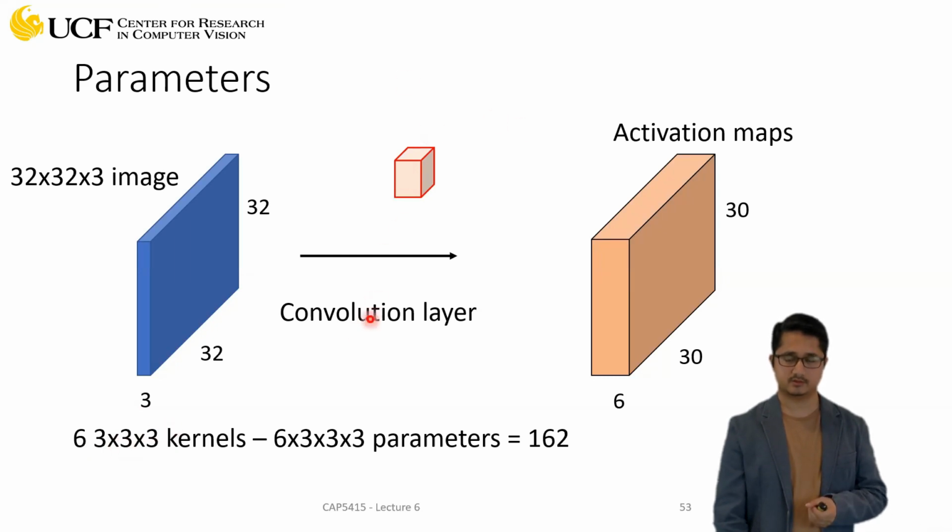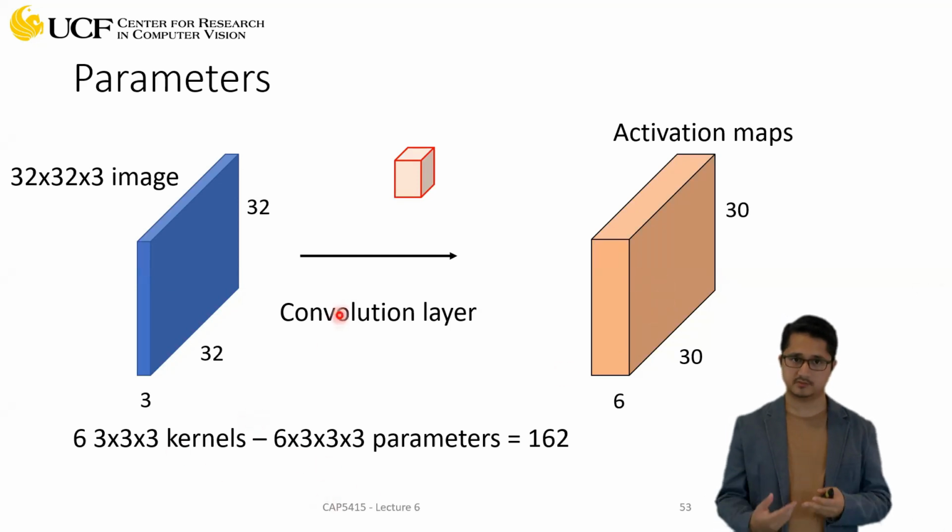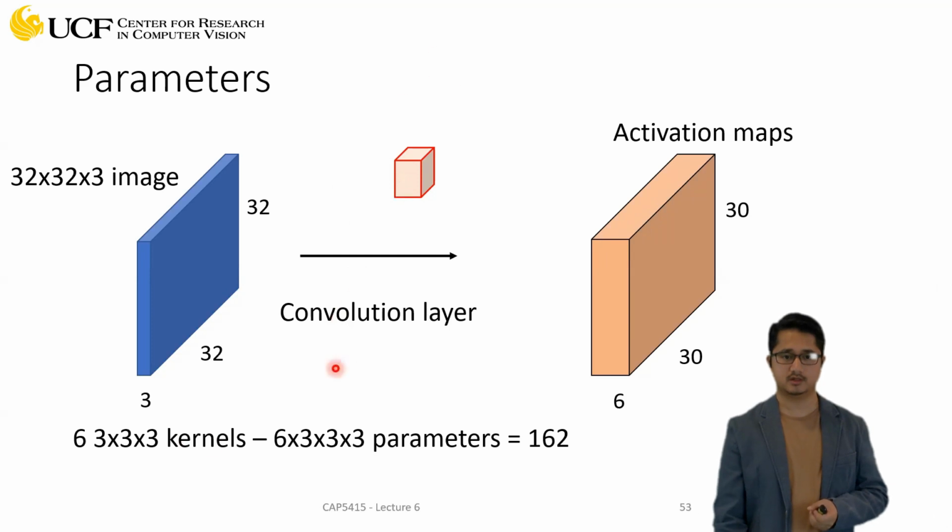That constitutes this convolution layer. If we use this convolution layer on this input data, we get this form of activation map. Now, to say how many parameters we have in this particular convolution layer, we can just count them. This gives you 162, which means this convolution layer has 162 different parameters.